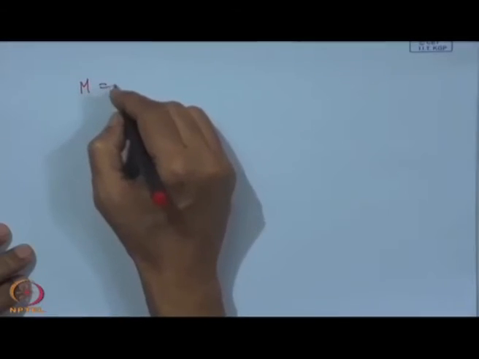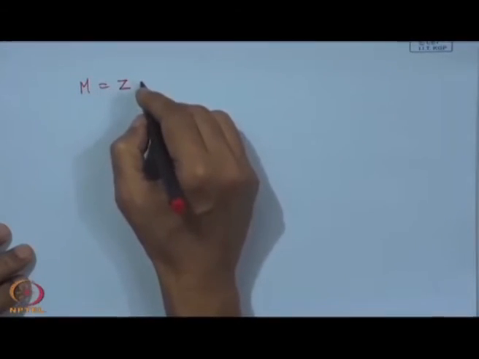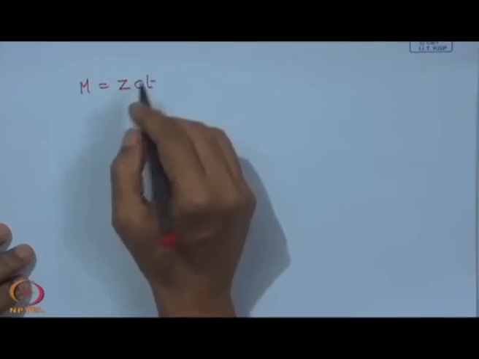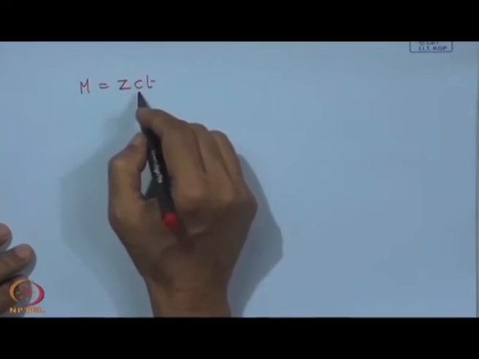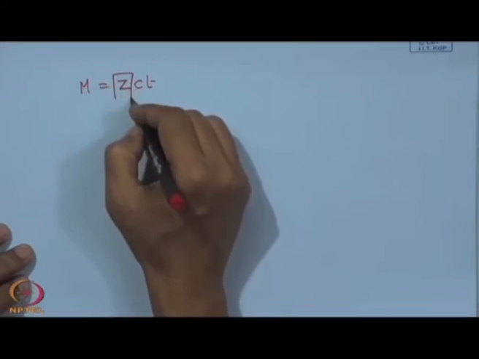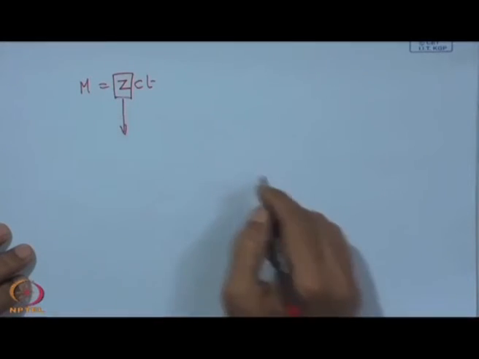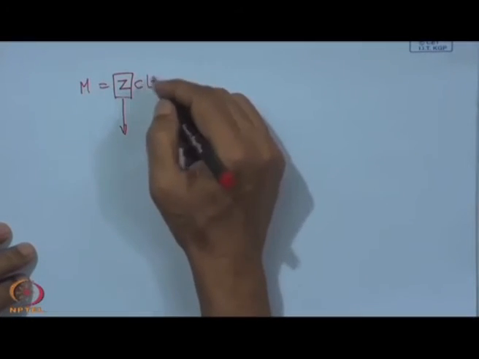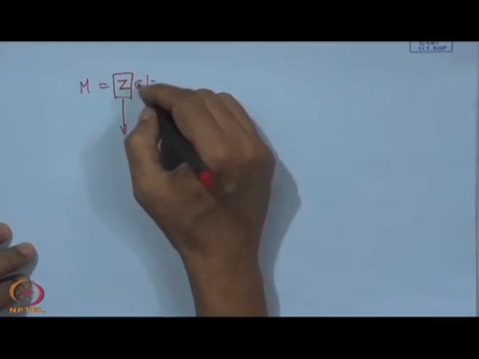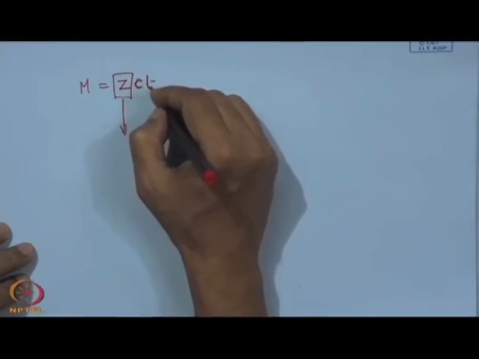Material deposition is given according to Faraday's law of electrolysis by Z into C t, where Z is the electrochemical equivalent, C is the current and t is the time.